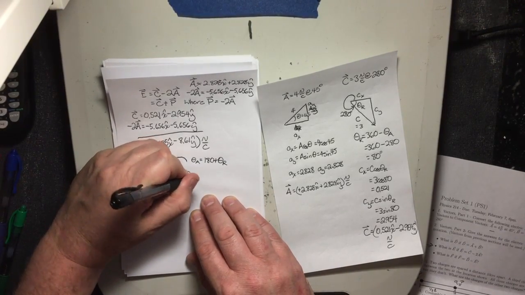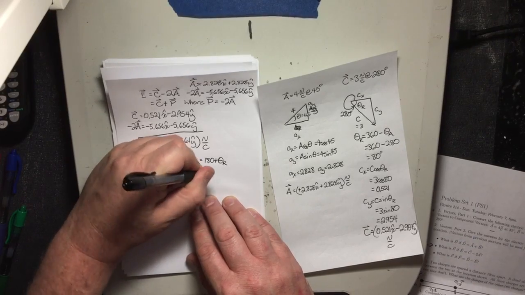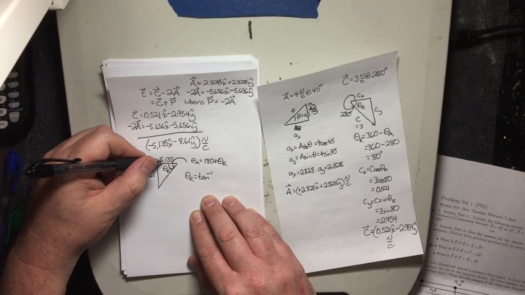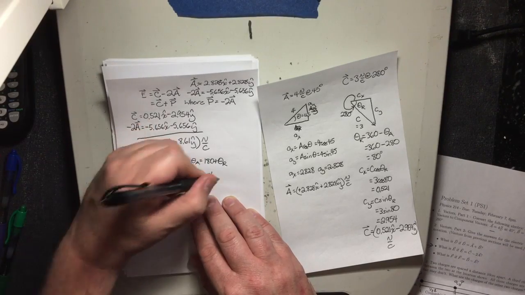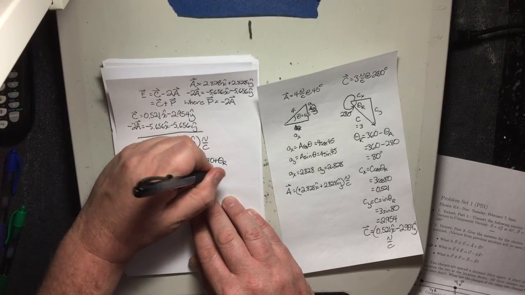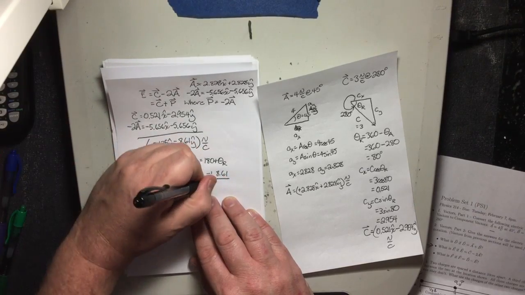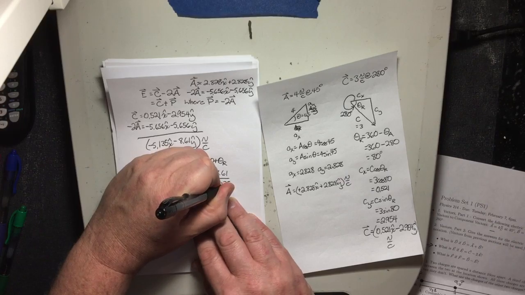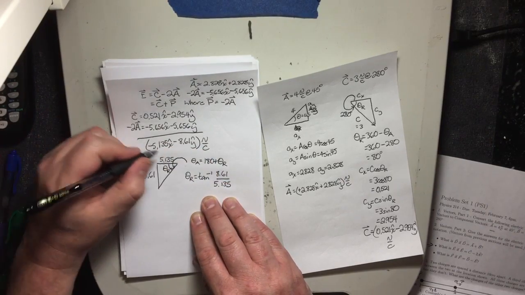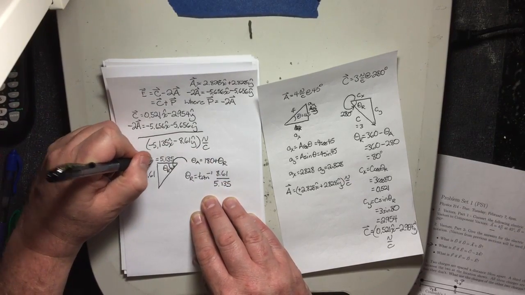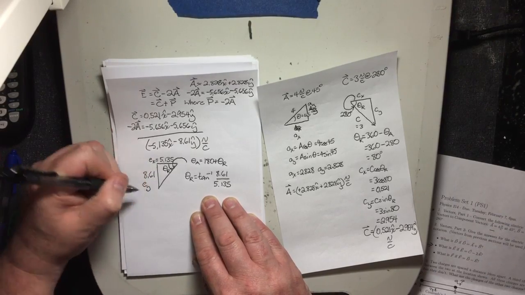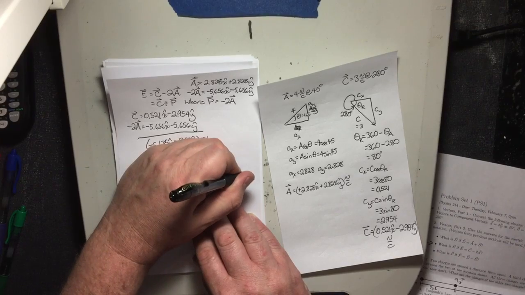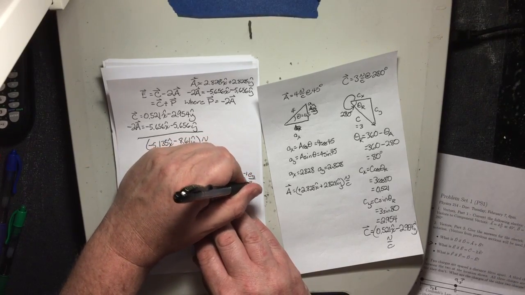Theta r is inverse tan of, well, whatever these things are in terms of symbols, opposite 8.61 over adjacent 5.135. In fact, this is E, so this would be little e x, little e y, or inverse tan of little e y over little e x.